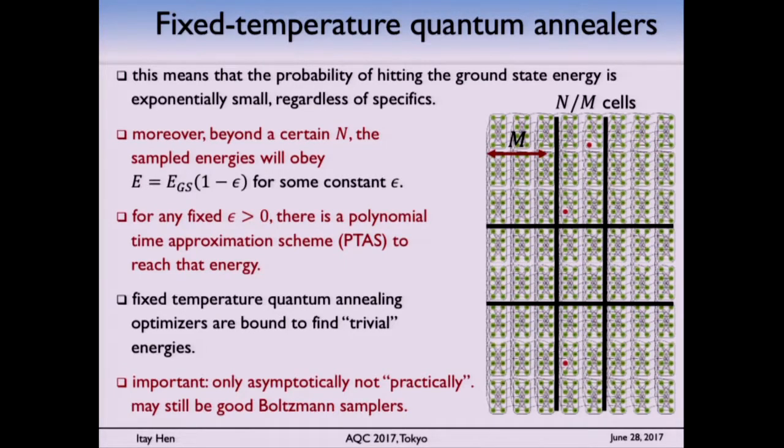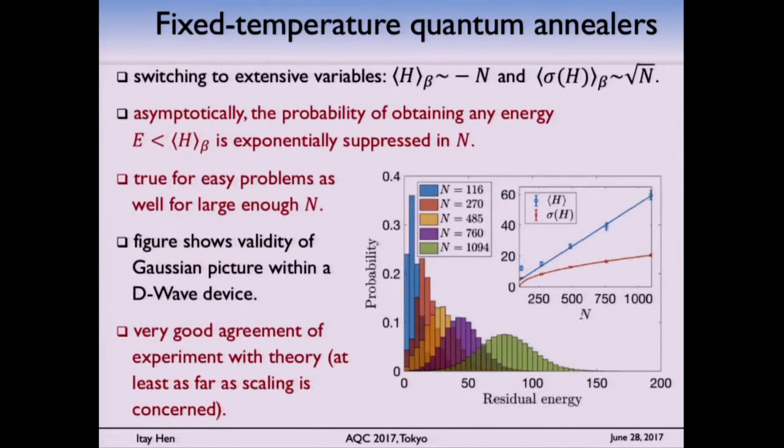Moreover, it also means that hitting the ground state is exponentially small. The probability is exponentially small regardless of the specifics. And as I said, the most probable energy is the one in the middle, basically around the mu, the thermal average.